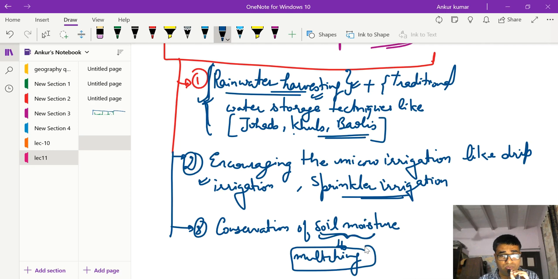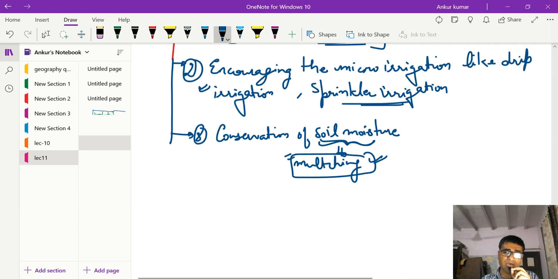What you do is you take the crop waste every season and simply fill the entire field with that crop waste. That prevents the loss of moisture from the soil. So this is the mulching technique for the conservation of soil moisture.